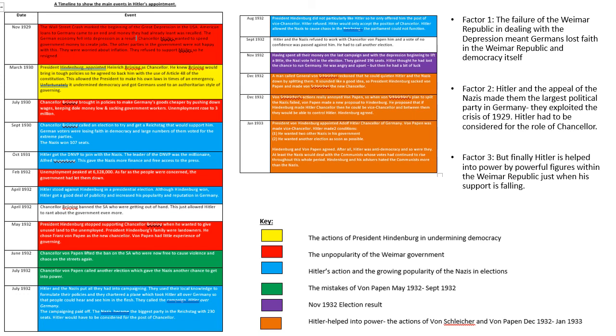So the yellow and red pieces of information that you can see highlighted on the timeline, they match Factor 1. The blue and the green, they link to Factor 2, and obviously Factor 3 is the brown or orange colour.